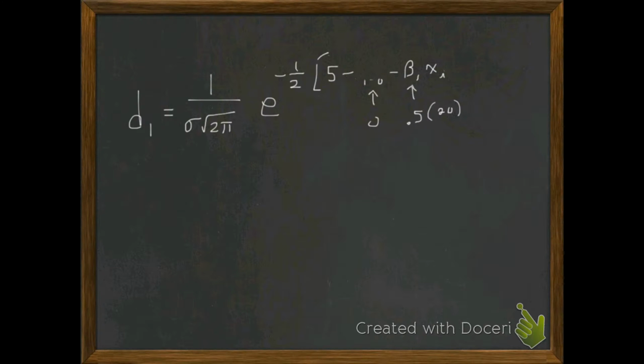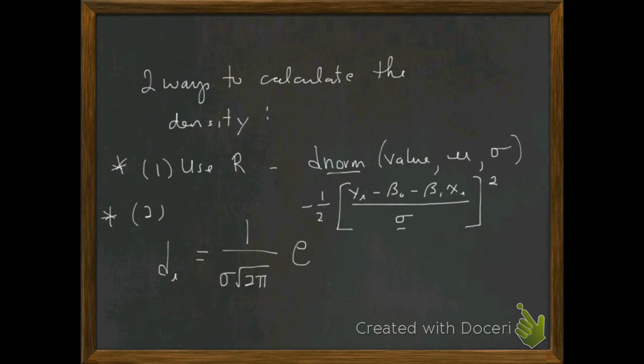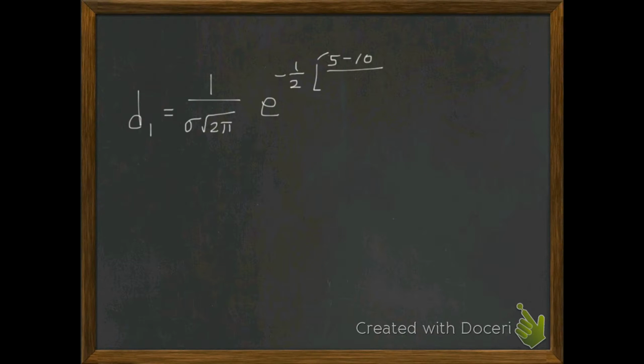So I'm going to use the power of the eraser. And I need to allow some space here, don't I? And of course this part right here is going to be the standard deviation, which is 3 squared.